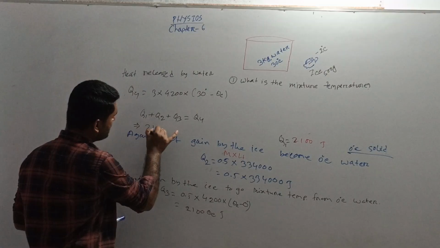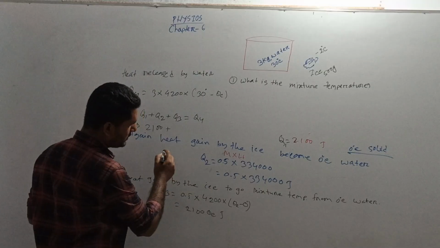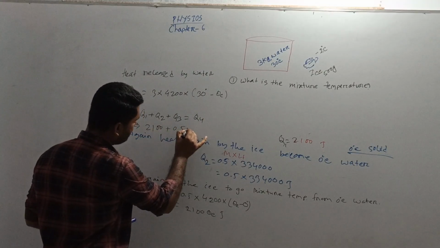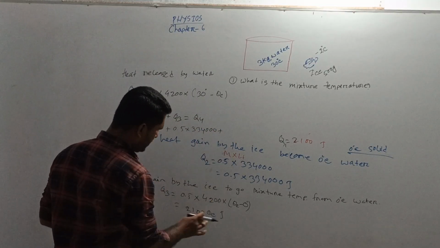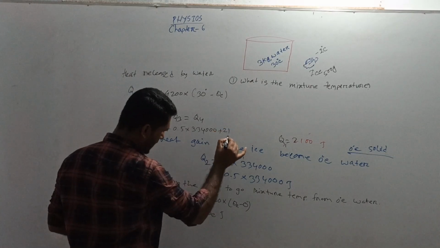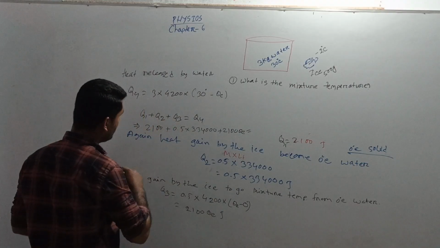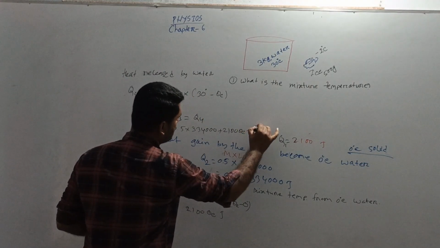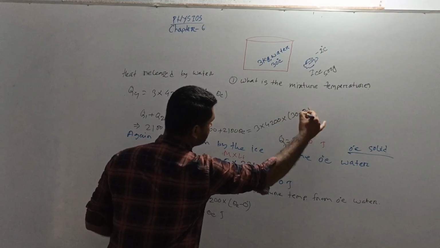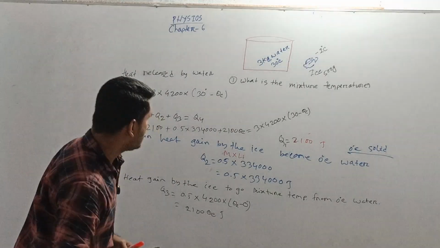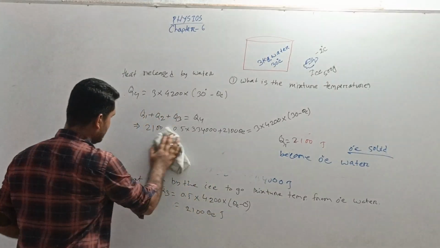Q1 is 2100 plus Q2 is 0.5 into 33400 plus Q3, which is 2100 theta C, equals Q4, which is 3 into 4200 into 30 minus theta C. Calculate this equation and you will get the mixture temperature theta C.